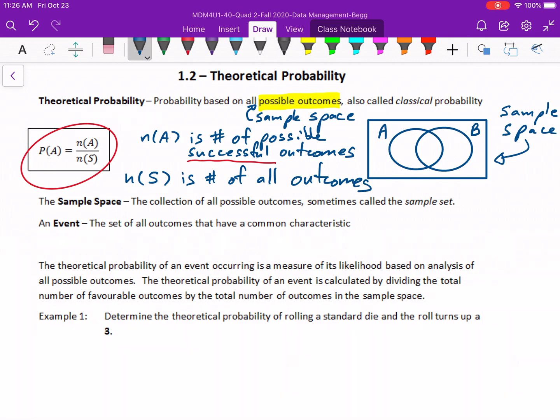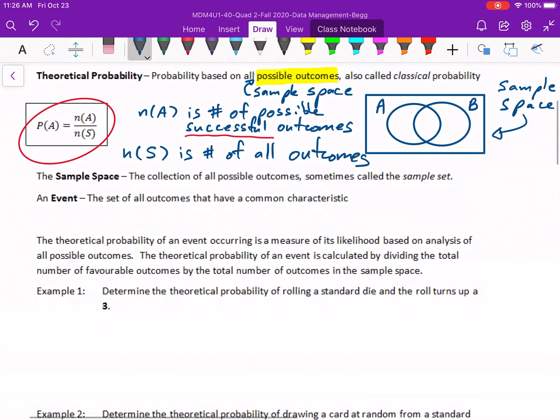So for example, maybe our event is rolling a six-sided die. Sorry, that would be our experiment. Backtrack for a second, because our event is what we're looking for. Apologies. That's our experiment from before.